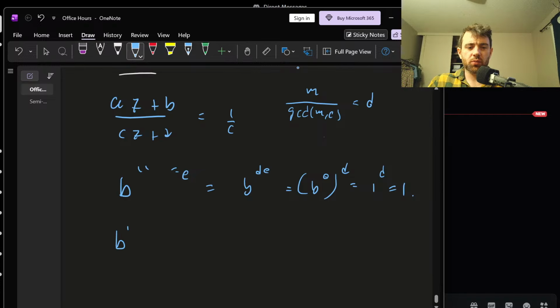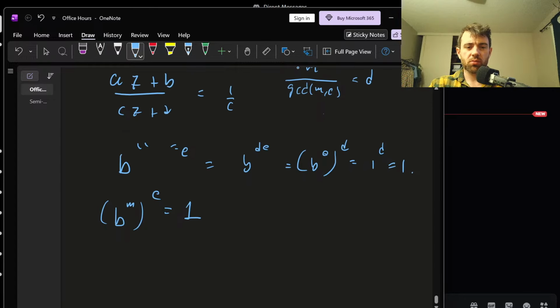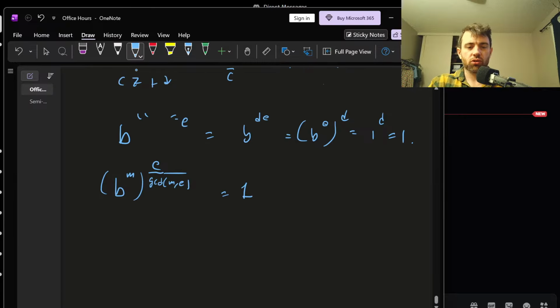So definitely if you put B^M to the E, you get 1, so its order is at most E. But also, this tells you that B^M to the power of E over the GCD of M and E is equal to 1, right? So if GCD(M, E) is greater than 1, then the order of B^M would be less than E.